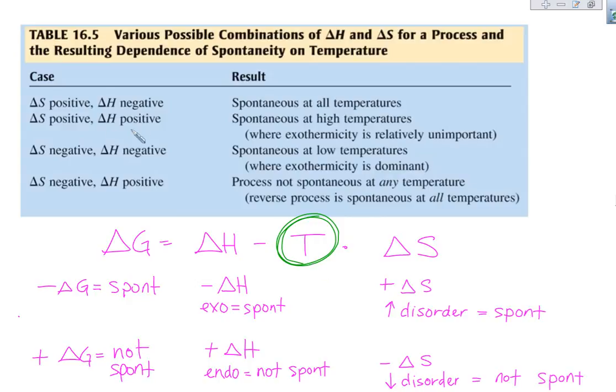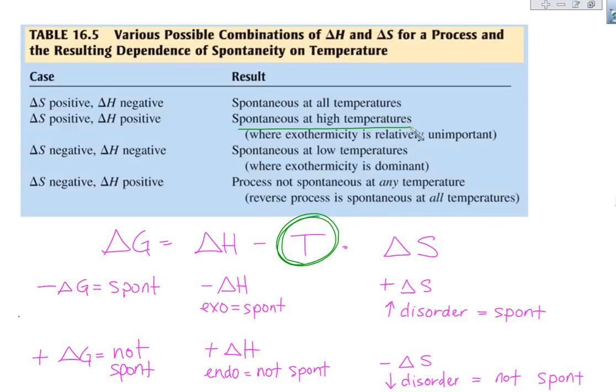It's endothermic, so you have a positive delta H. But what if you also have a positive delta S? So you want to make this delta G negative. What if you have a positive minus a really large quantity? A positive minus something really large could get me a negative delta G. So in that case, we're spontaneous only at high temperatures.